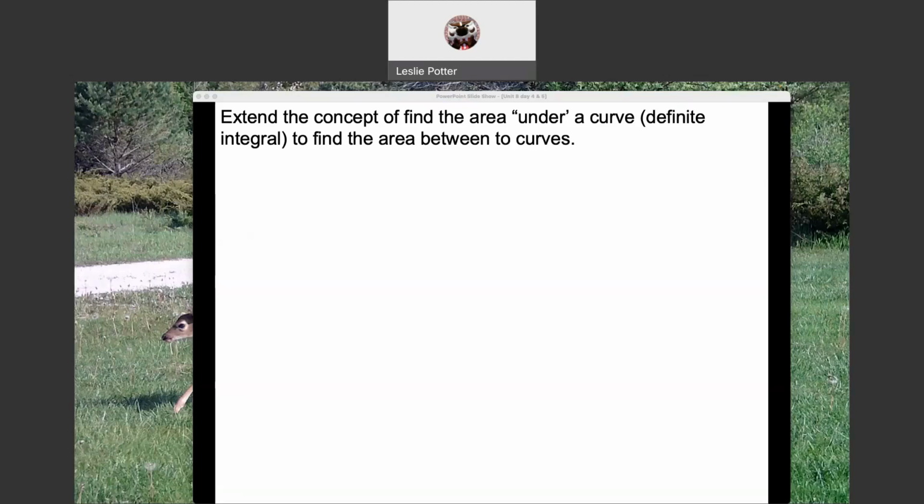So up until now, we have calculated the area, I'm going to use air quotes here, the area under the curve, which really means, if we look at this expression for the fundamental theorem of calculus, from A to B, let's say A is over here and B is over here, then what we're really talking about is the area from A to B that is between the function f of x and the horizontal axis.